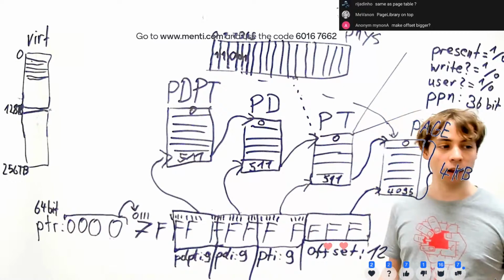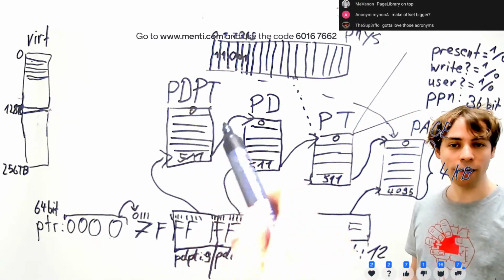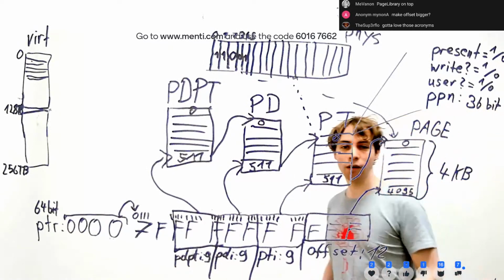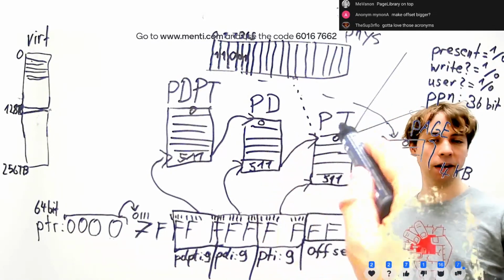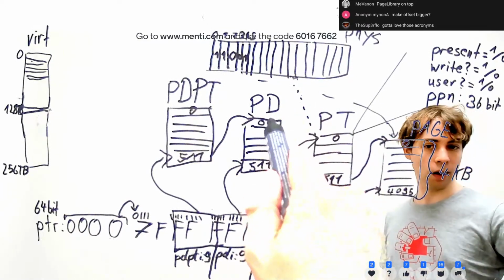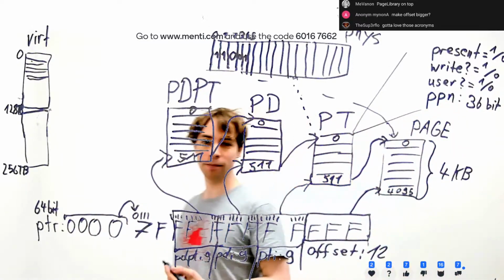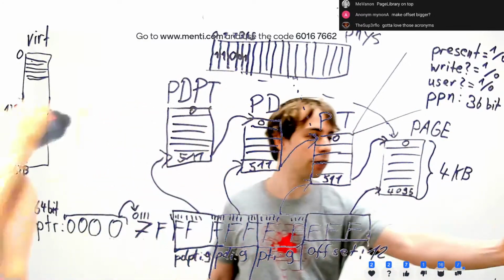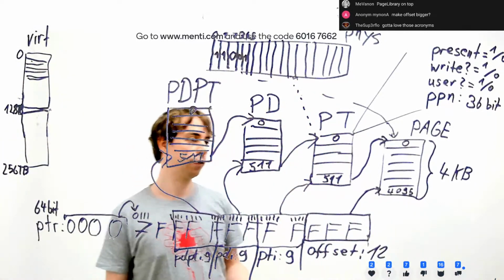And in terms of memory, this means it's responsible for 512 gigabytes of memory, because one page directory was responsible for 1 gigabyte, page table 2 megabyte, page 4 kilobyte. 4 kilobyte, 2 megabyte, 1 gigabyte, 512 gigabytes. It translates 512 gigabytes of virtual memory to physical memory.